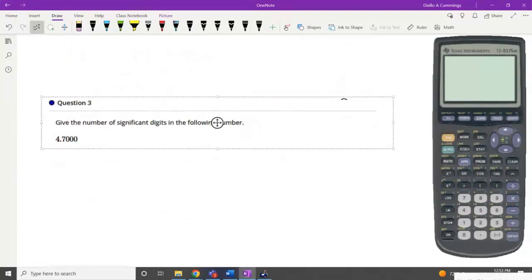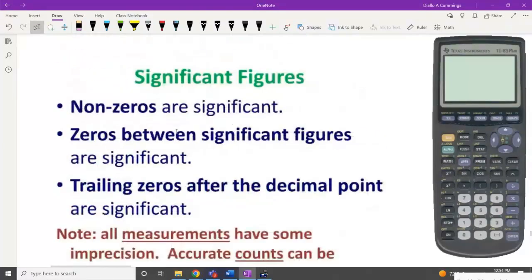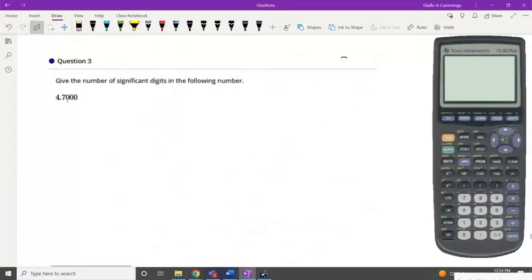All right, for the next problem, it says give the number of significant digits in the following number. So notice we have 4.7000. They call them trailing zeros after the decimal point, but any zero after the decimal point is significant, right?